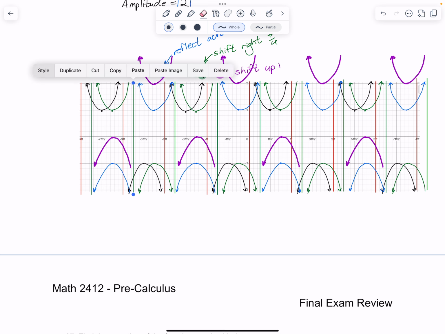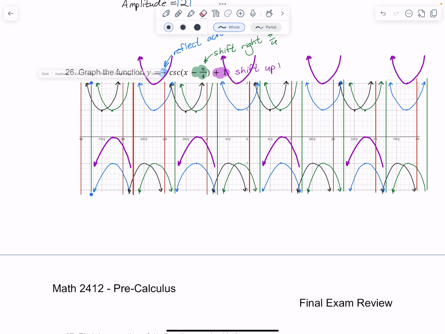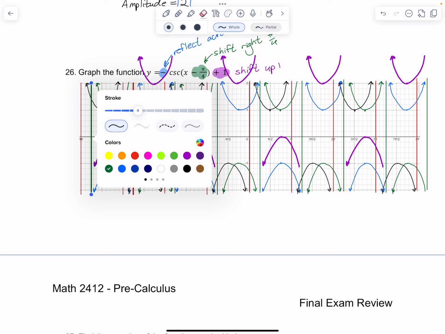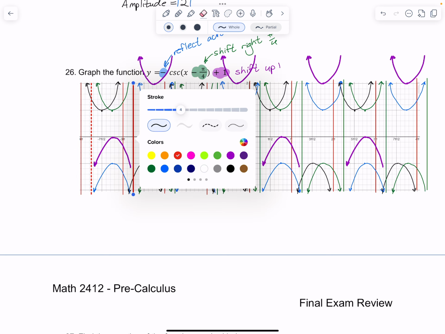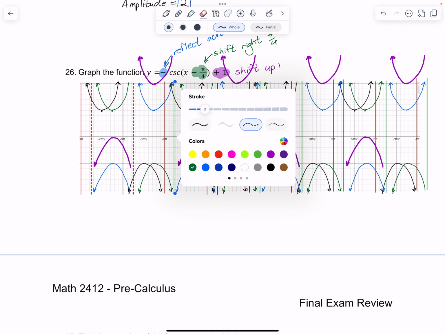What I can also just do is make my final asymptotes bigger. So my final asymptotes were the green ones. Change them to the right color. So I always do my asymptotes red. And we will have our final answer.